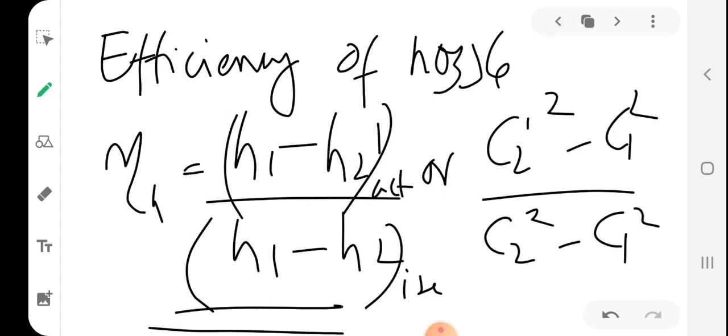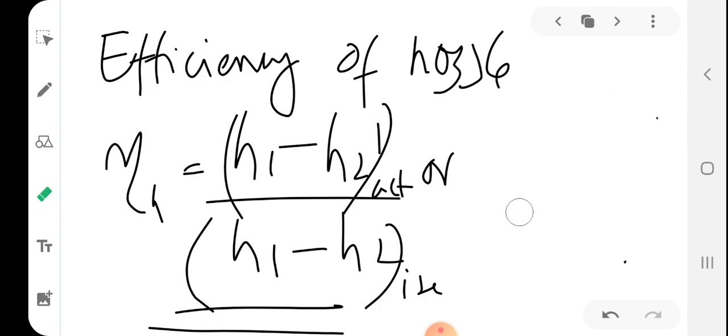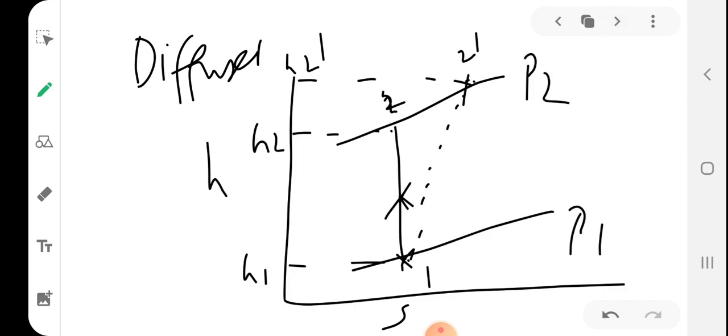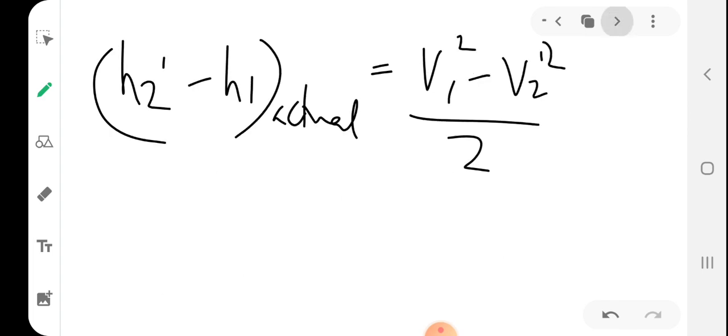Sorry, in this case it is not C, it is V. We took the notation as V. So we define the efficiency of the diffuser, where we have to take the isentropic case in the numerator.